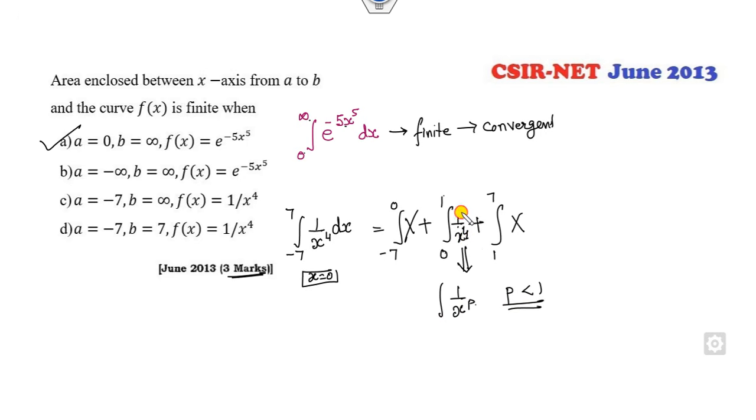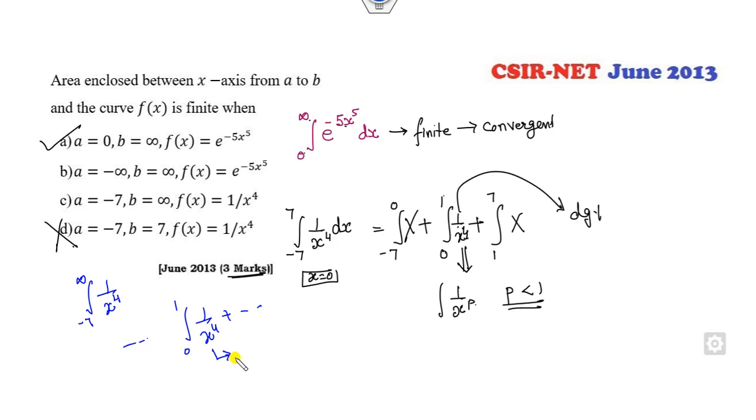So this means this is my divergent, the whole integral is my divergent. Look at this case. Third case is minus 7 to infinity 1 over x raised to power 4. Again 0 is the point of discontinuity, so I can break it here. Again this is divergent by the p test, so therefore this is also cancelled out.